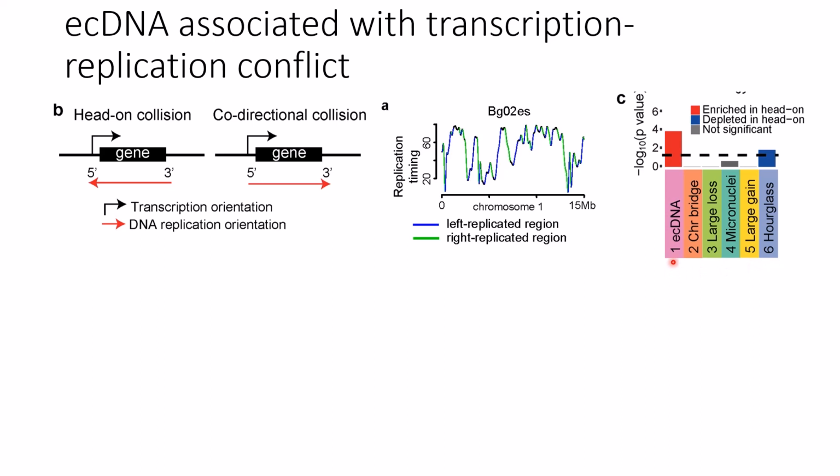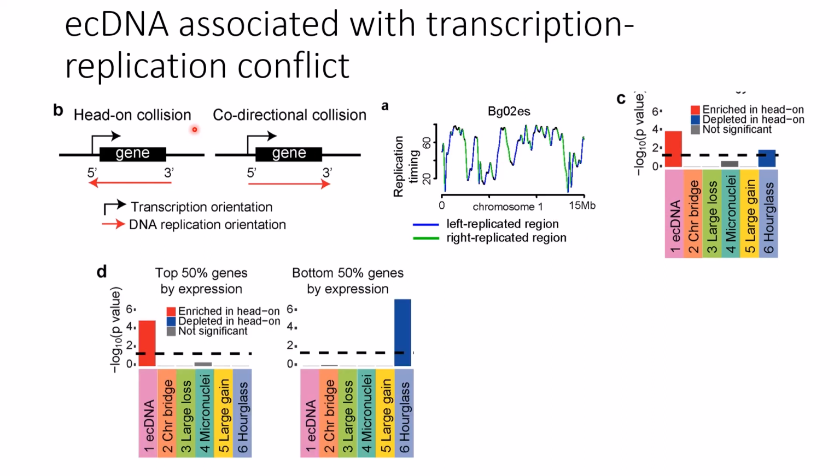And we found ecDNA breakpoints are enriched in head-on collision regions. So if the head-on collision is causal to produce ecDNA rearrangement, we would expect this kind of enrichment depends on gene expression, because if there's no expression, then there's no transcription, then there's no collision.